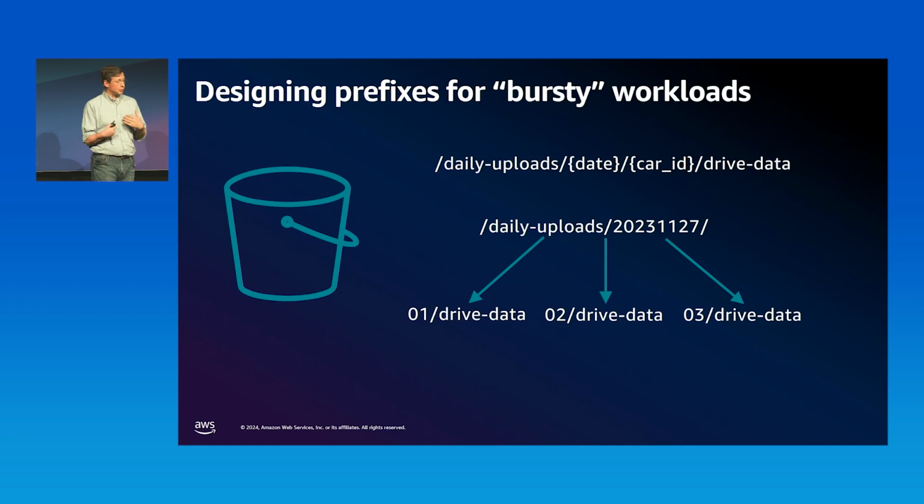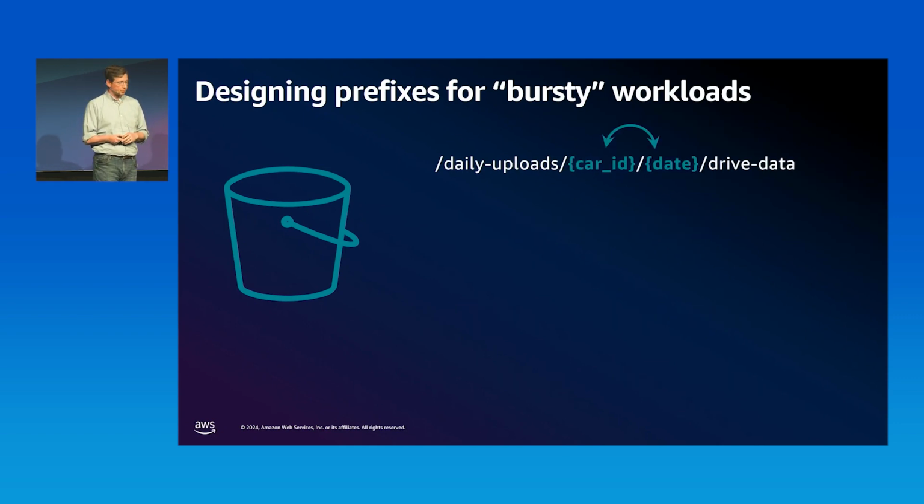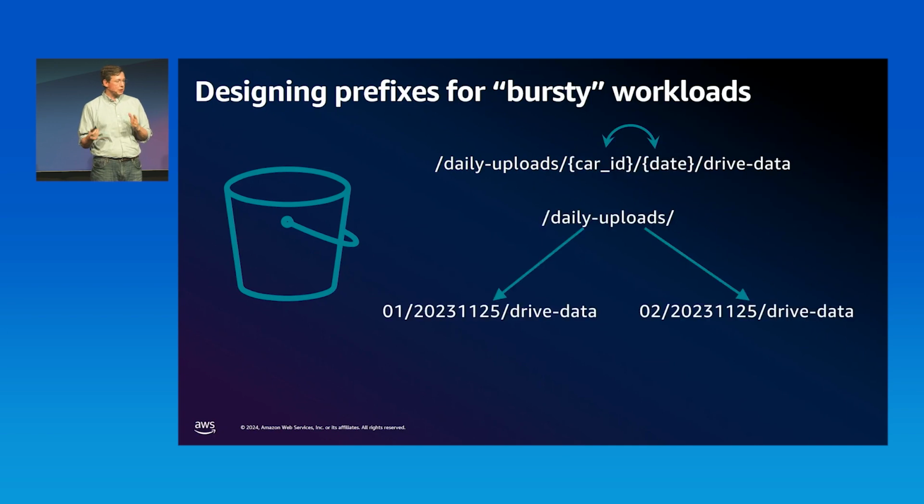Now, of course, fortunately for us, but maybe not so much for the system that we built here, tomorrow arrives, and now S3 will have to learn this pattern all over again. But there's a relatively simple fix for this. If we simply swap the date and the car's identifier, then S3 can learn this pattern one time at the beginning of your application's lifetime. And each car or group of cars will have that dedicated allotment of 3,500 TPS of puts from the very beginning moment of being in production.